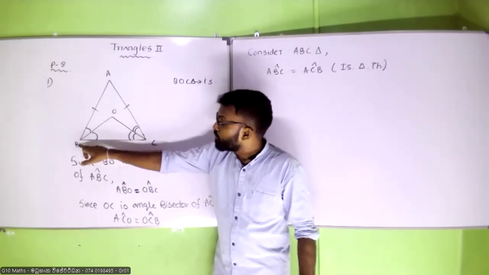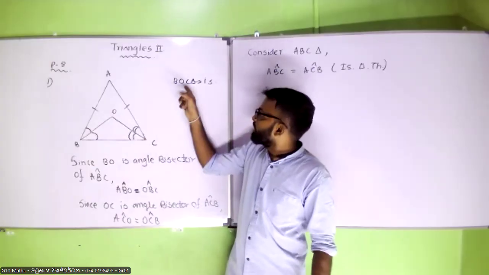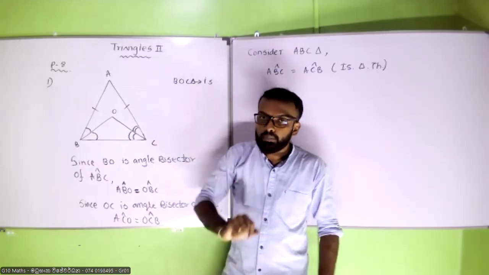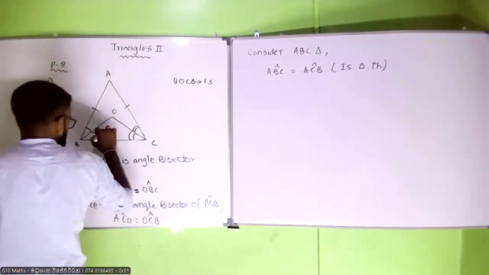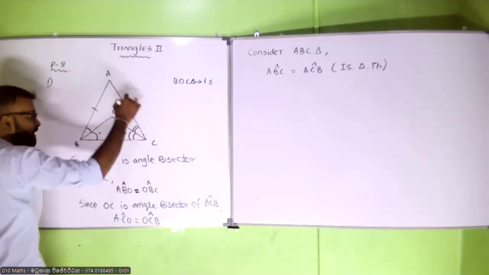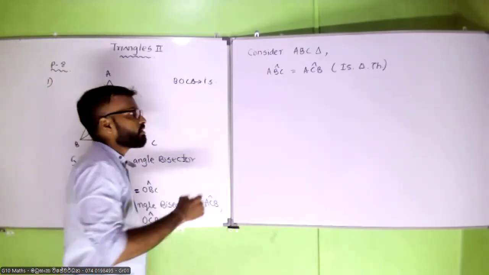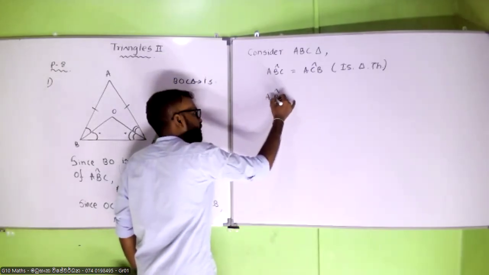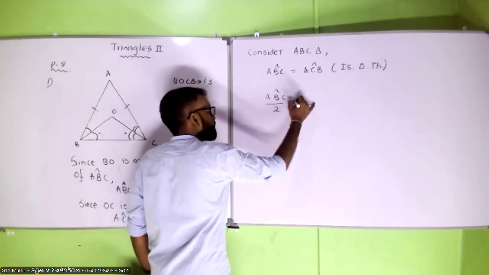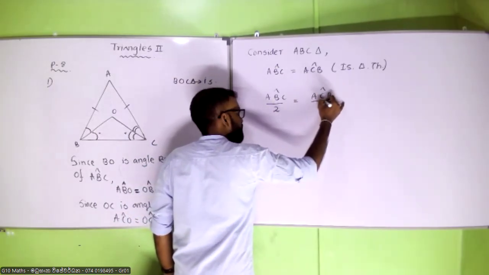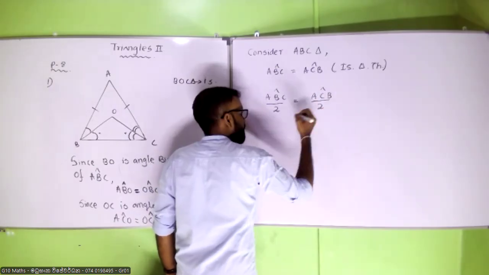What we are going to show is that BOC is an isosceles triangle, so it would be better to use these angles when dividing ABC and ACB by 2. I am going to do the same operation for both sides.